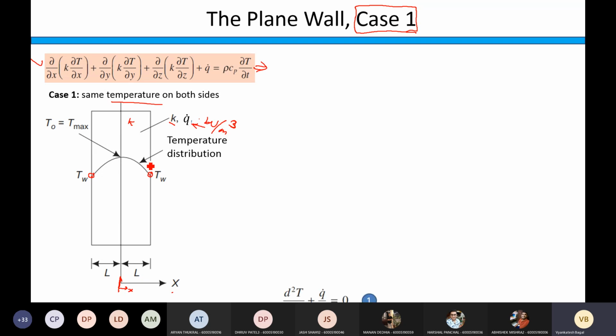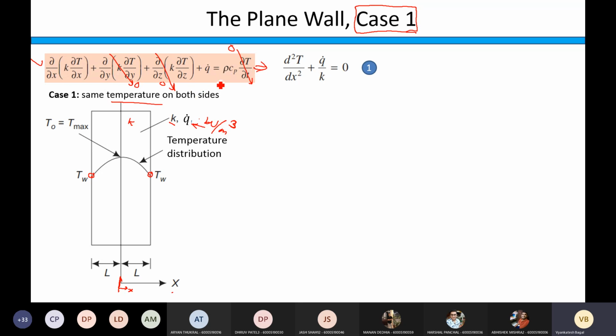Now, how to simplify this? See how it is simplified. The heat diffusion equation. We have said one-dimensional heat conduction, so this term will go out, this term will go out, and this term will remain as it is. And we have considered k to be constant, so this k is taken out of this derivative. Steady state, that's why this is also 0, and q dot will remain because we are considering the internal heat generation here.